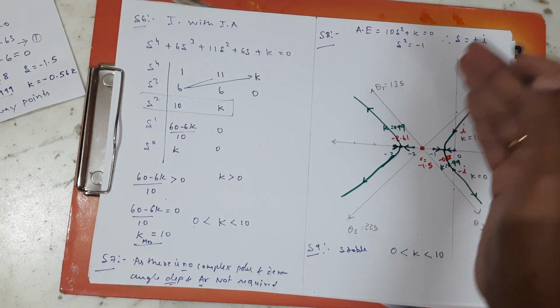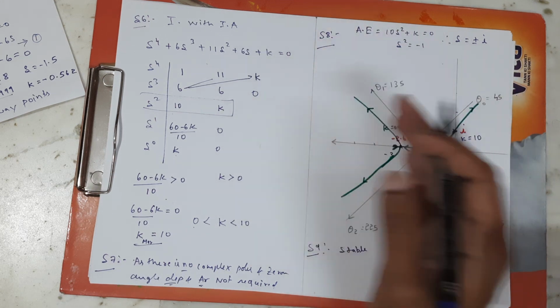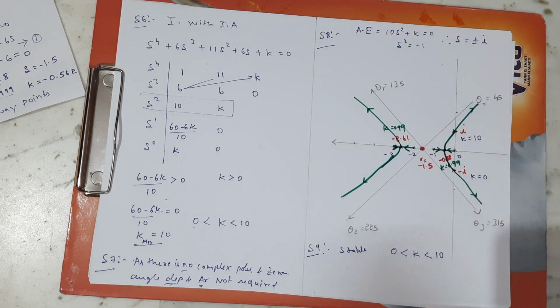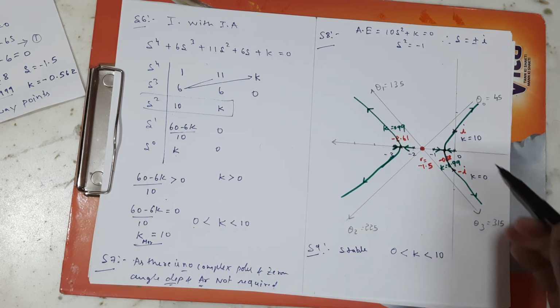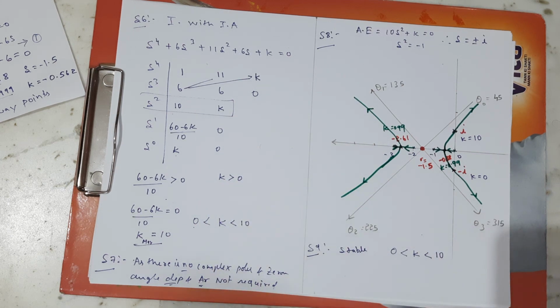So that is an unstable region. Okay. So whatever the root locus to the left side, that is a stable region. Hence for the k less than 10, greater than 0, so the root locus is lying to the left side of the S-plane, that is a stable region.